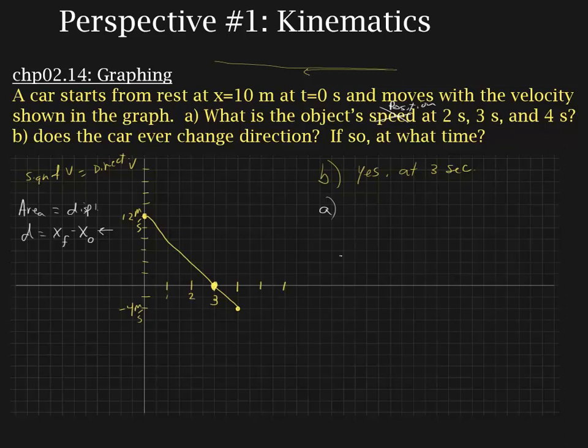All we have to do is figure out what the area is underneath each curve during that particular time interval. So for the first question, we want to know the position at 2 seconds, so we want to know x2.